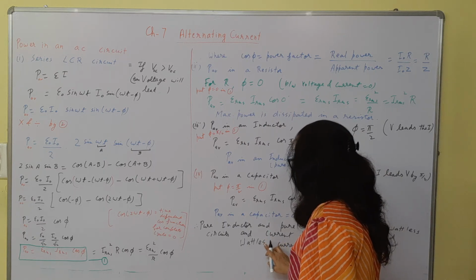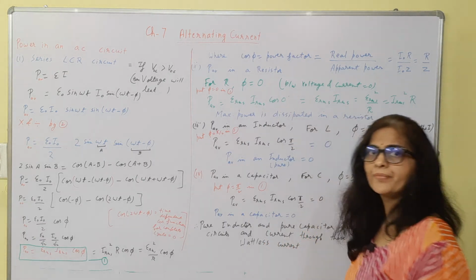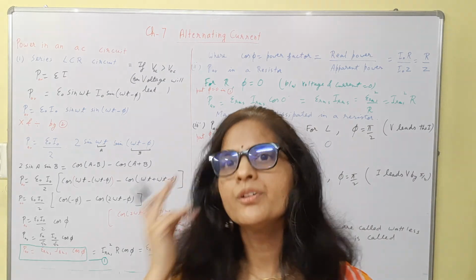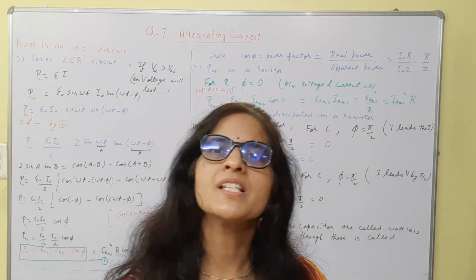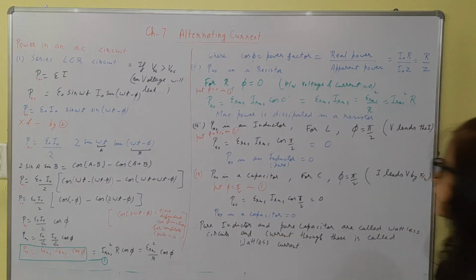Why wattless? Because watt is the SI unit of power. If power is 0, then we can say watt is 0. So that means wattless current and wattless circuit.